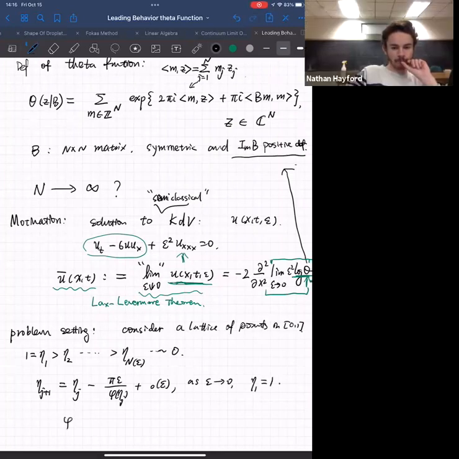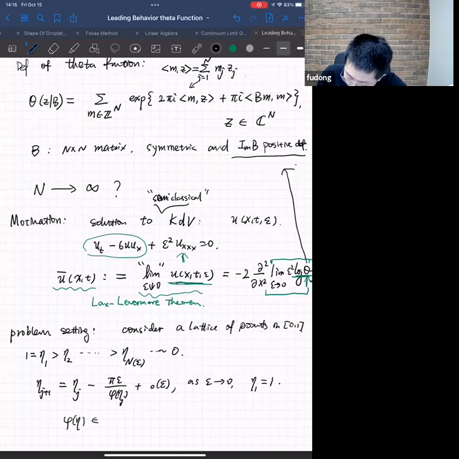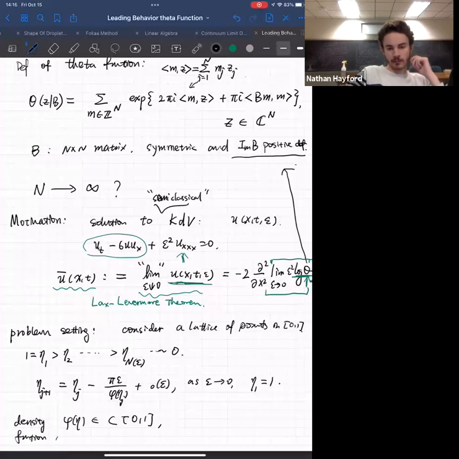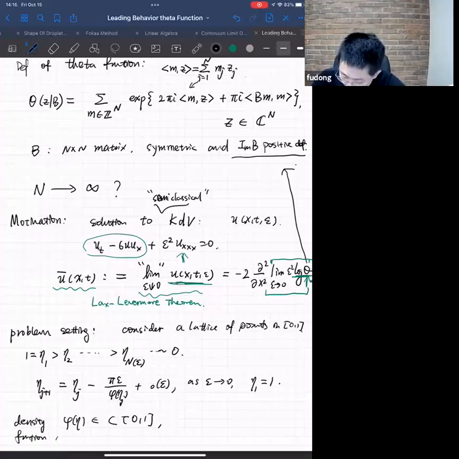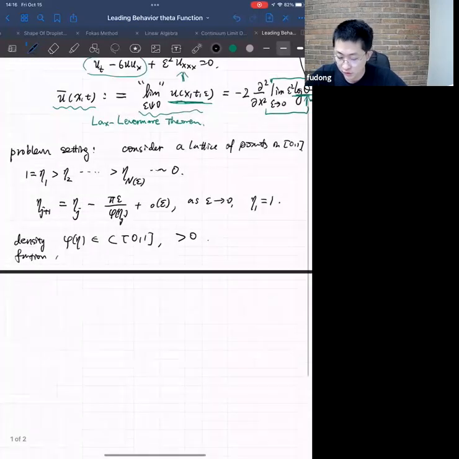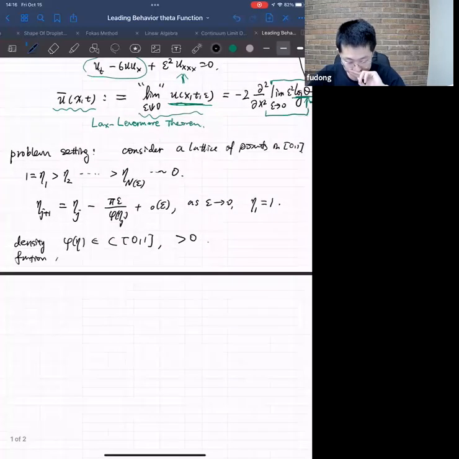So phi eta is a continuous function defined on 0, 1, which is a density function. Phi is given, everything is given, and it's strictly positive. So that's the lattice.